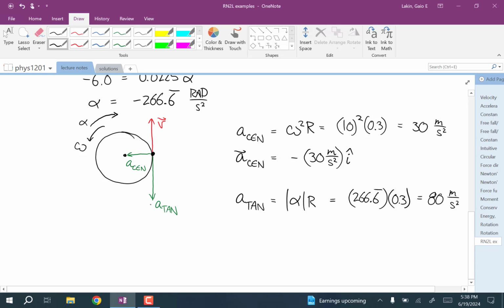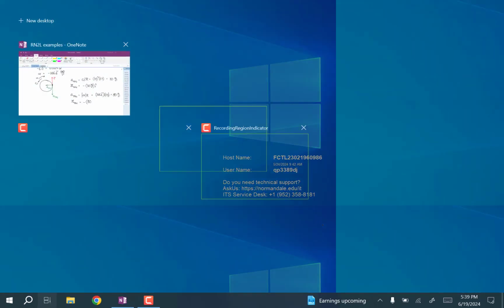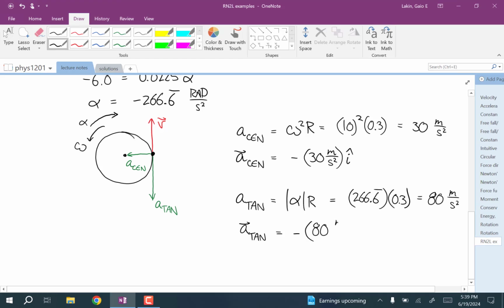You can see from the drawing we figured out that the tangential acceleration is in the negative j direction. So that's negative 80 meters per second squared times j.